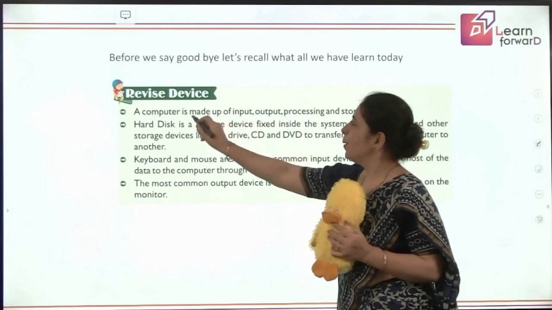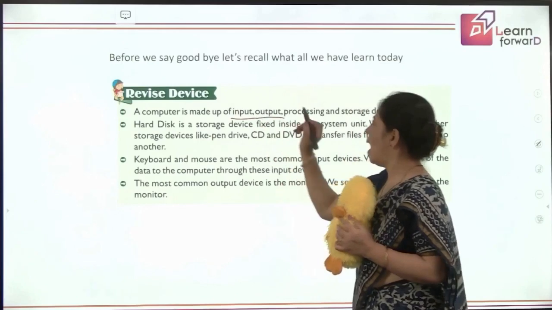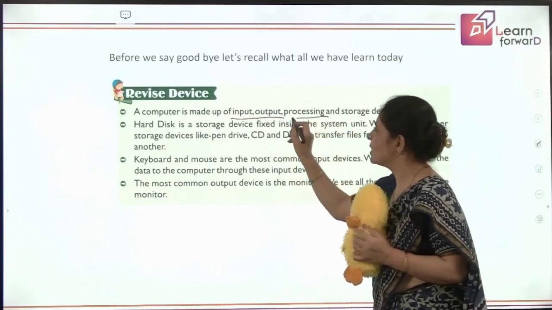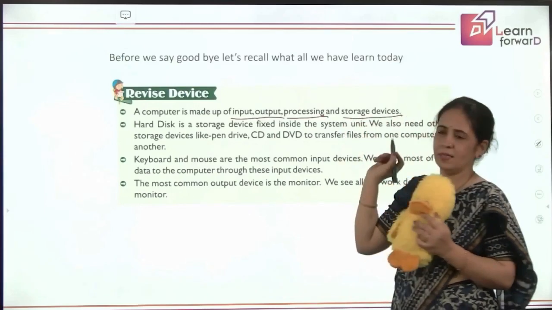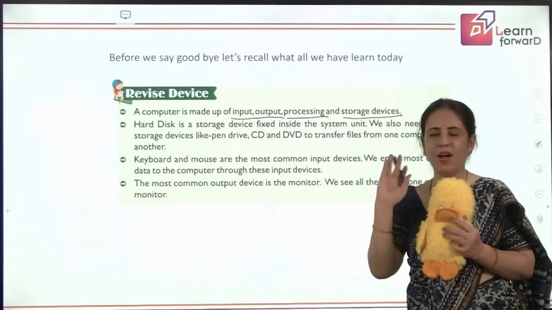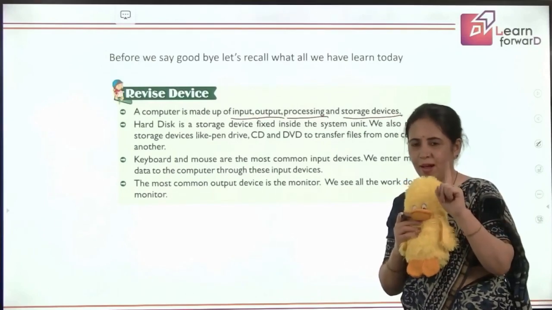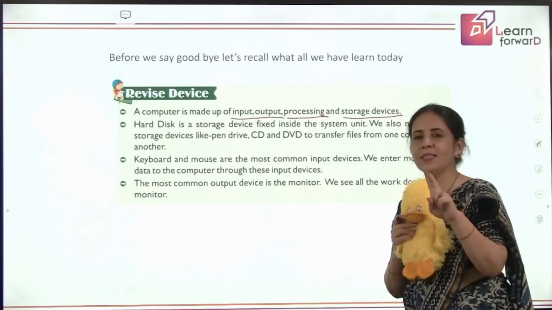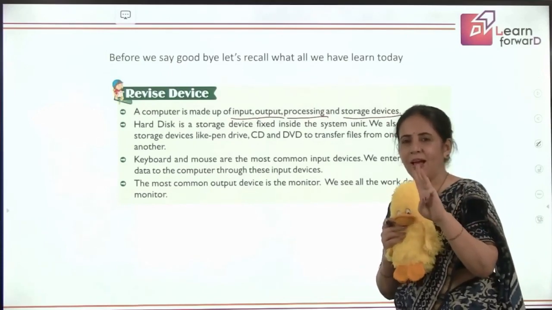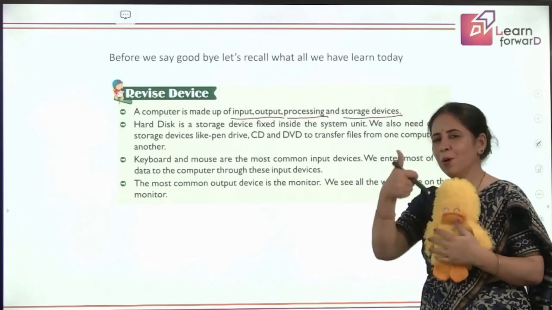A computer is made up of input, output, processing, and storage devices. So, what are the 4 devices we learned today? First one is input device. Second one, storage device, processing device, and output device. Good.